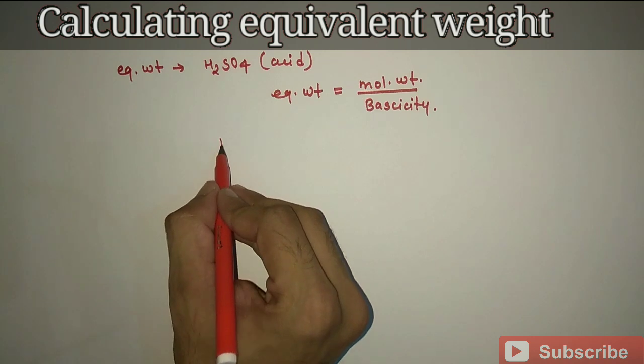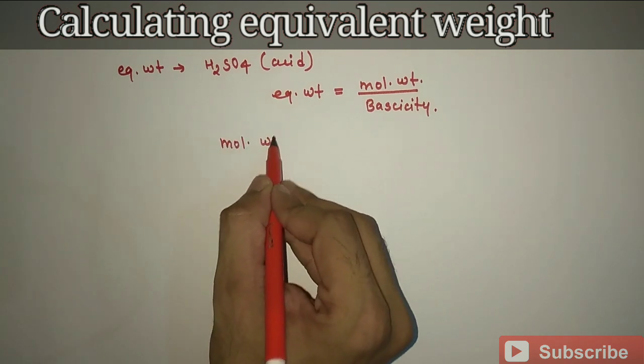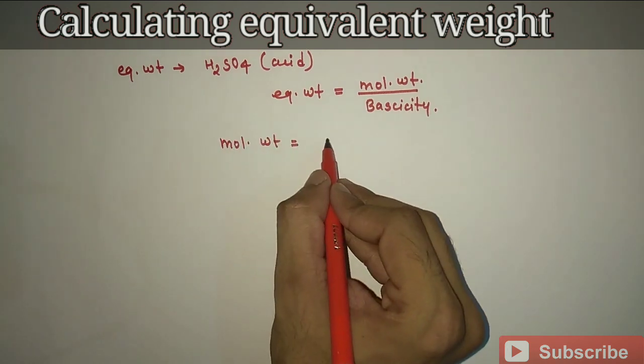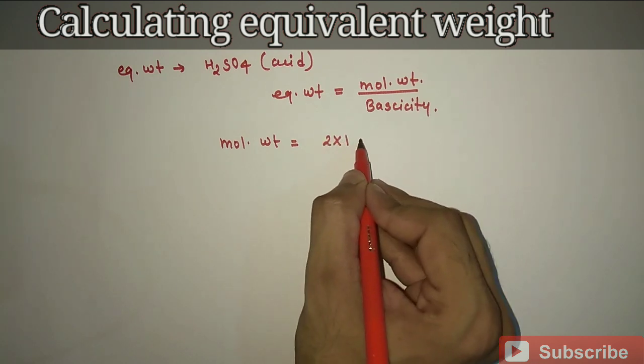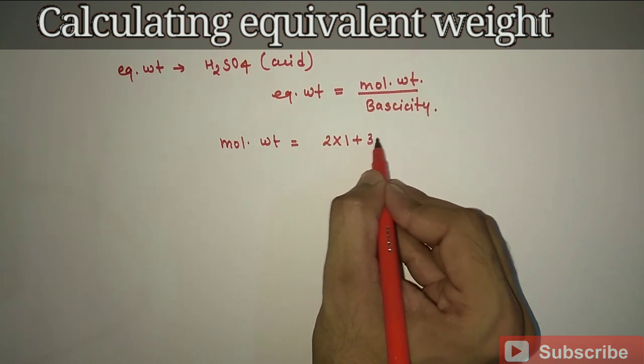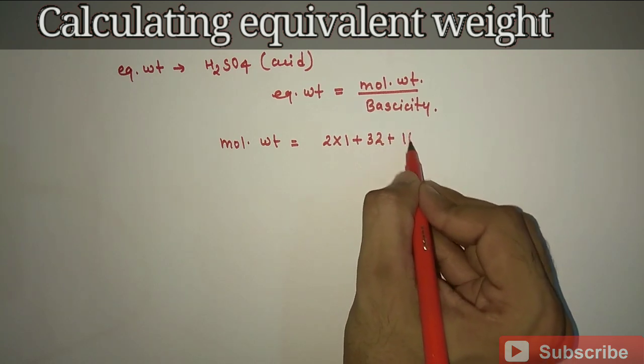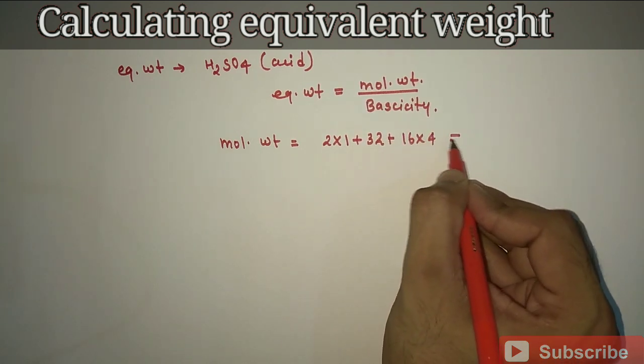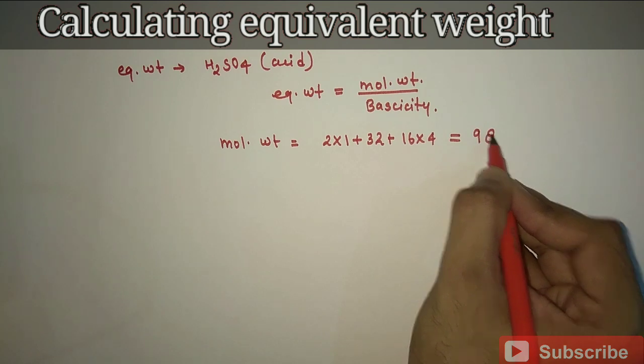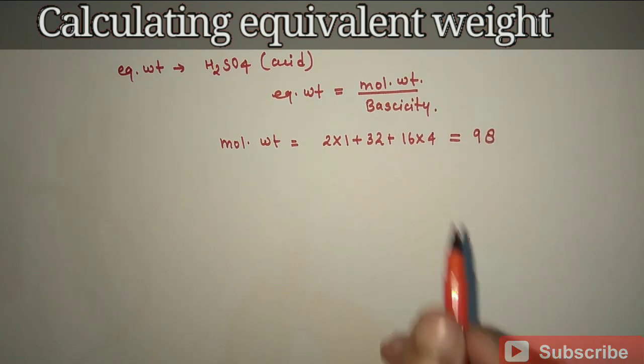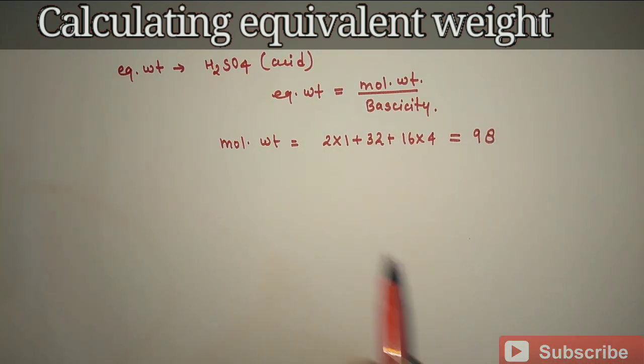So the molecular weight for H2SO4 comes out to be 98. Now we have to find out the basicity for H2SO4.